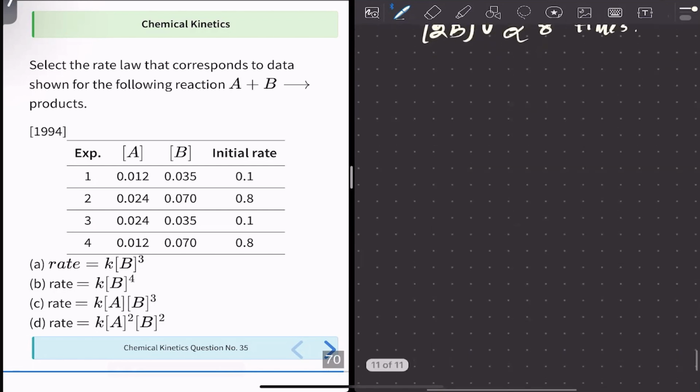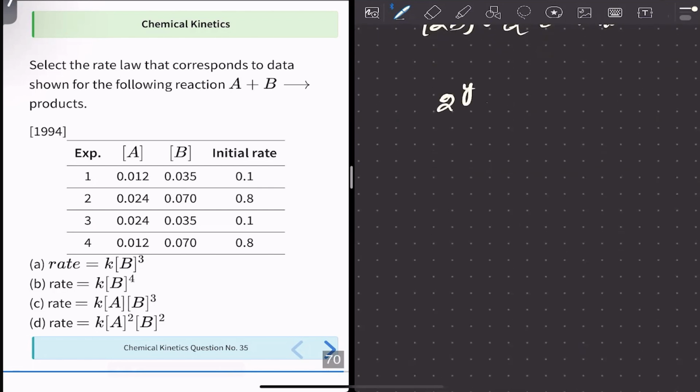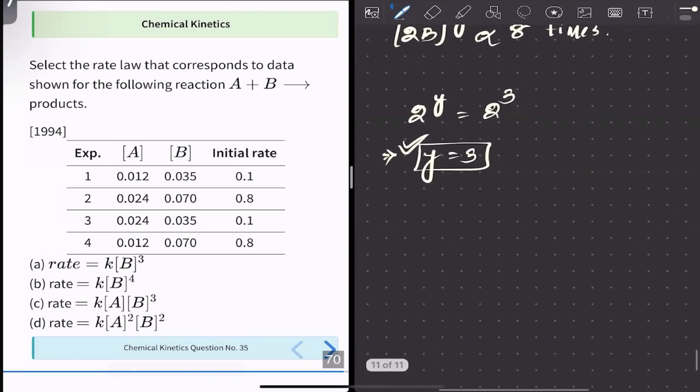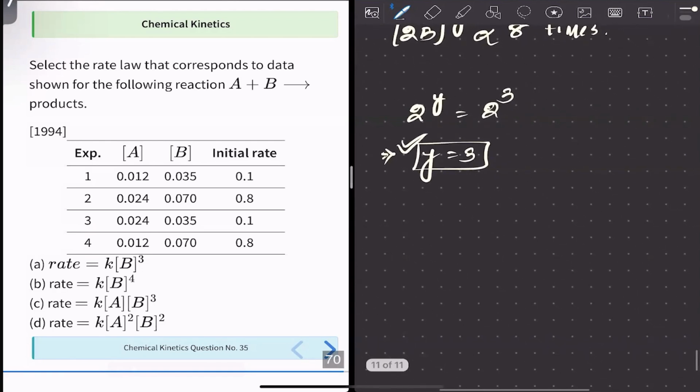So 2 to the power y is equal to 2 to the power 3. So y is equal to 3.